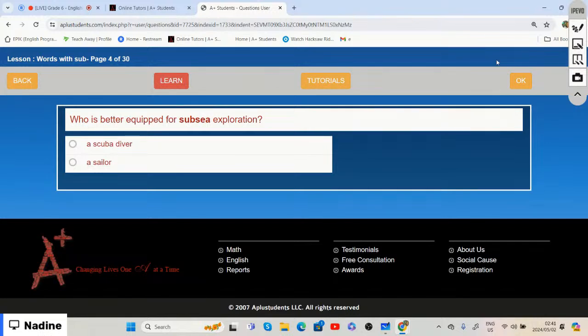Who is better equipped for subsea exploration? Is it a scuba diver or a sailor? And remember, subsea means under the sea, so under the sea activities.